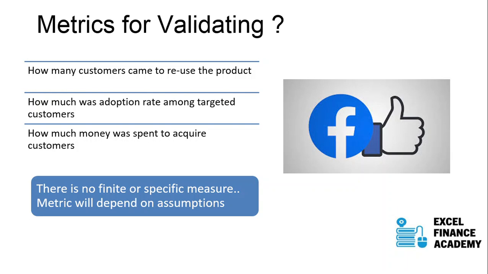It all depends on what kind of assumptions the business is making and how the venture capitalist will value your metrics. But the general idea is, are the customers reusing your product? What is the adoption rate, between how many percent you market to and how many percent of the customers are actually accepting your idea, and how much money you are spending to acquire your customers and how much money they are spending back on the application.